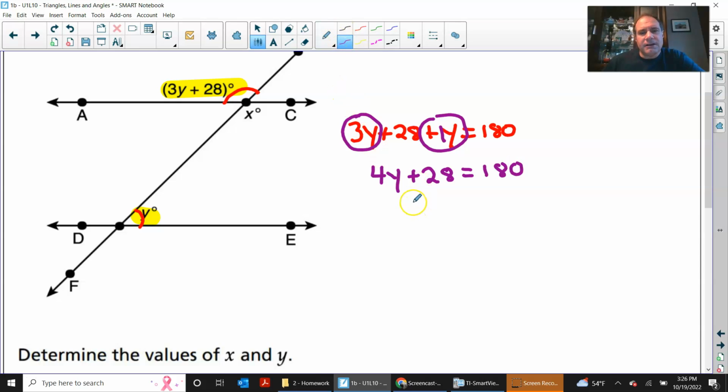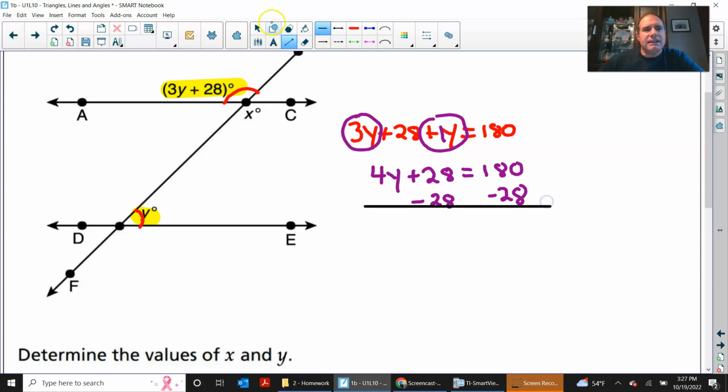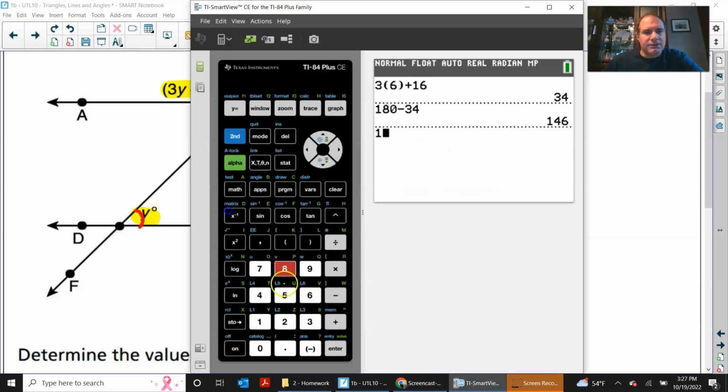So obviously, solving this two-step equation requires you to use inverse operations. You subtract 28 on both sides, and then the 28s will cancel here. You get 4y equals, and just to make sure, you do 180 minus 28 on your calculator. Don't leave anything to chance. And it's 152.